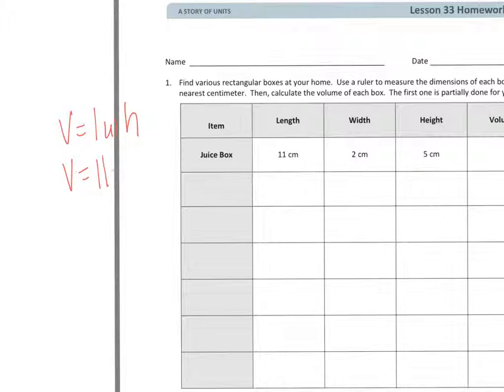So now I'm going to substitute in my values. The length is 11 centimeters, and now I can use my dot for multiplication. The width is 2, and the height is 5. I'll pick these apart and multiply, and I know 5 times 2 is 10. And really what that's saying to me is 10 centimeters squared, because I have centimeters times centimeters.